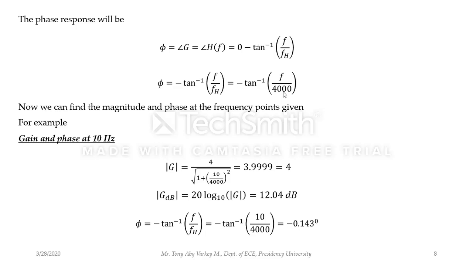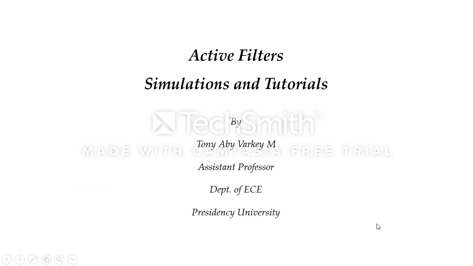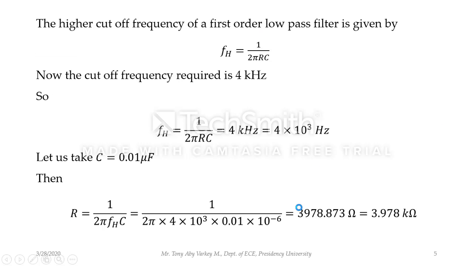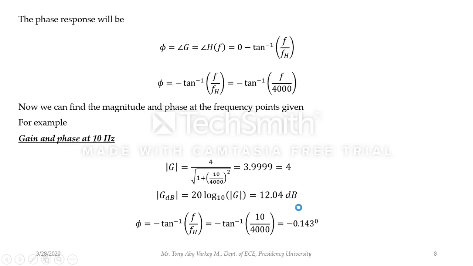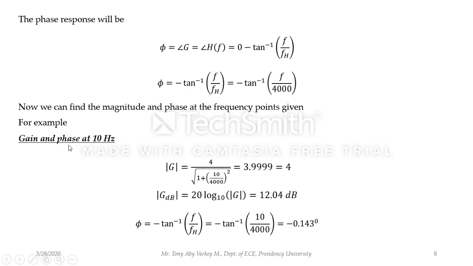Now we can find the magnitude and phase at the frequency points given. The frequency points given were 10, 100, 1000, 2000. As an example, I will show how we calculate for a particular frequency. Gain at 10 Hertz will be 4 by square root of 1 plus (10 by 4000) squared, which is equal to 3.999, which is 4.